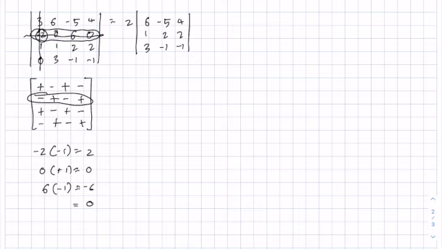And then plus 0 times the determinant. I'm not going to bother writing out this determinant because 0 times any number is 0, so I'm just going to ignore that.